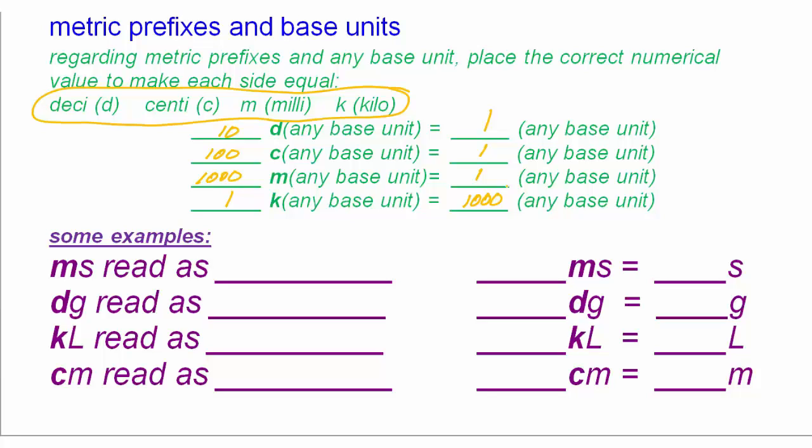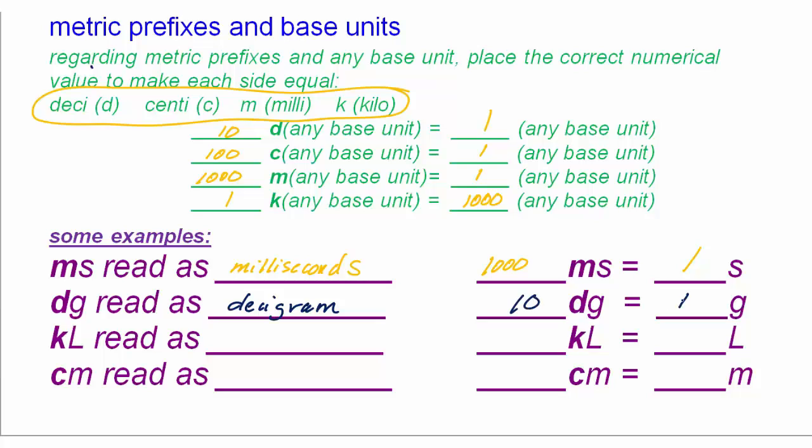So let's just practice this a little bit. MS would be milliseconds, right? And there's 1,000 milliseconds in 1 second. So see if you can finish these up, and then we'll go over them quick here. Decigram.